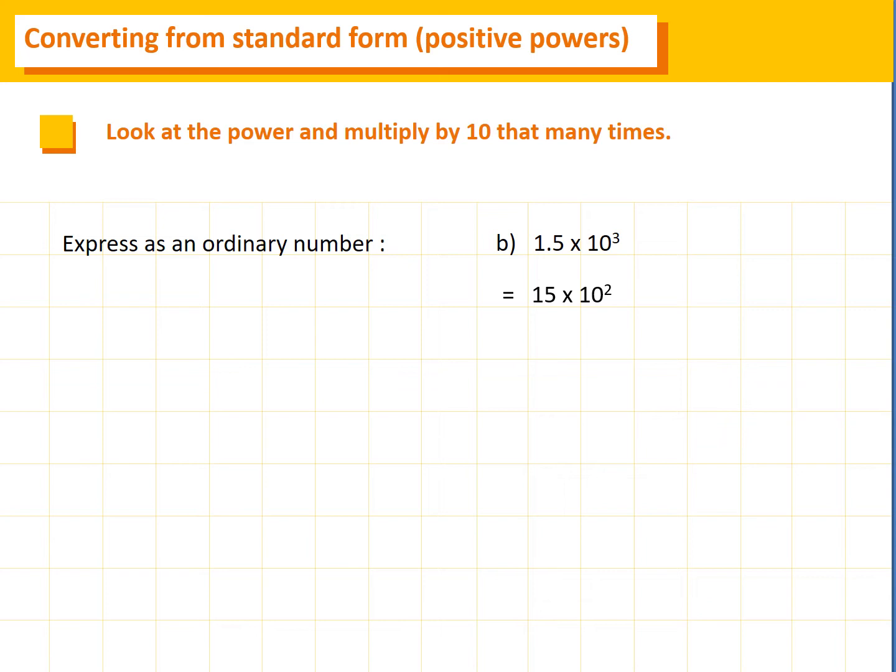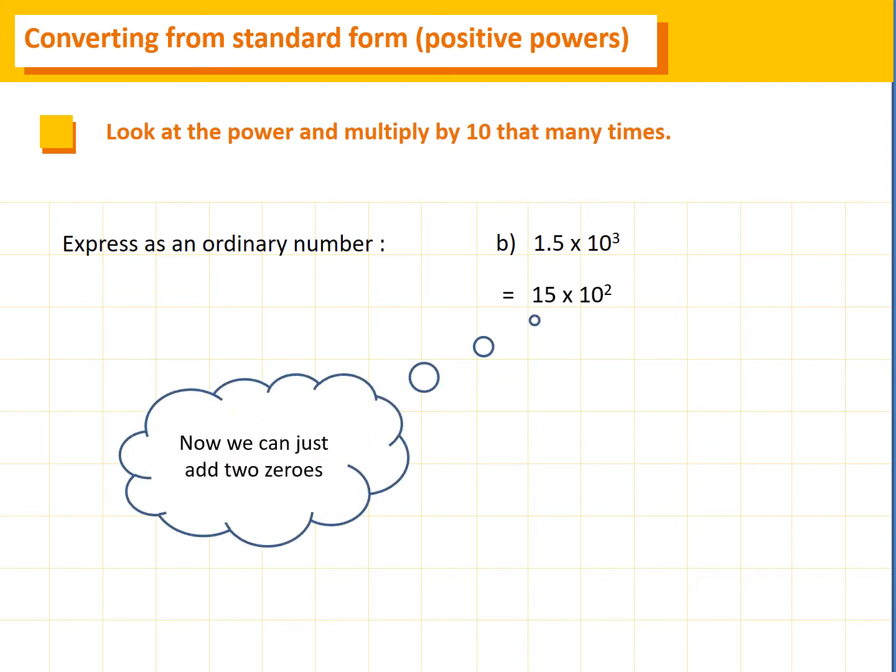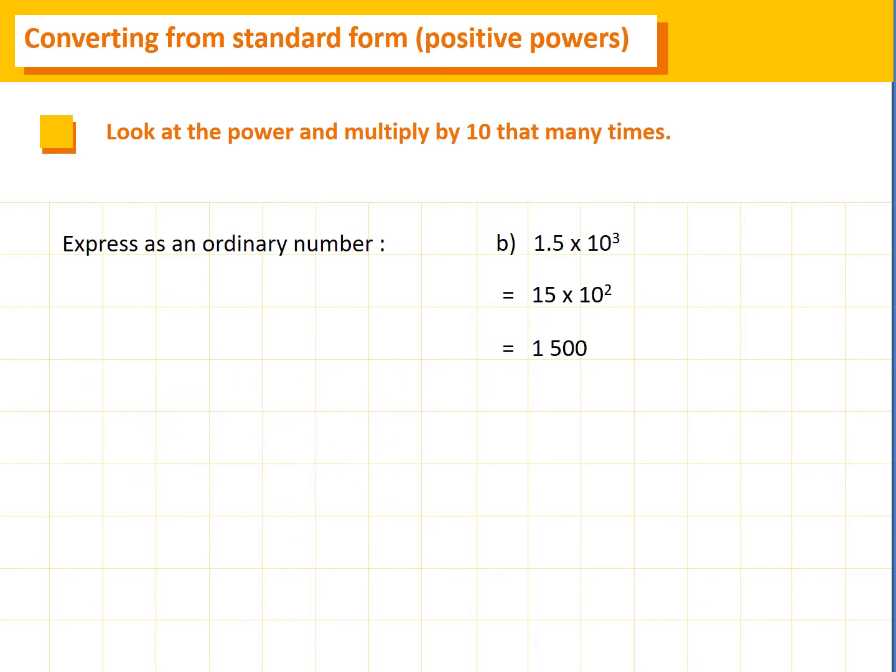And note when we've multiplied 1.5 by 10, we've reduced the power of 10 by 1. You can think of 10 to the power of 3 as being a bank of tens, and you've borrowed one of them to turn 1.5 into 15. Now you've got a whole number being multiplied by 10 twice, you can just add the 2 zeros. 1,500 is 1.5 times 10 cubed.